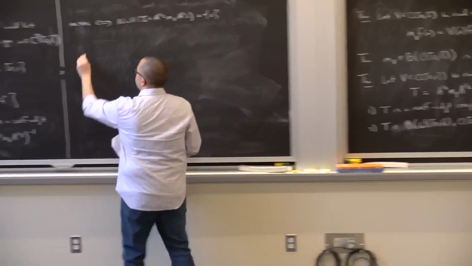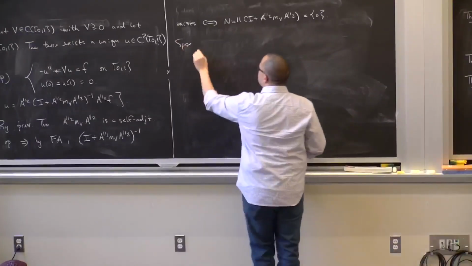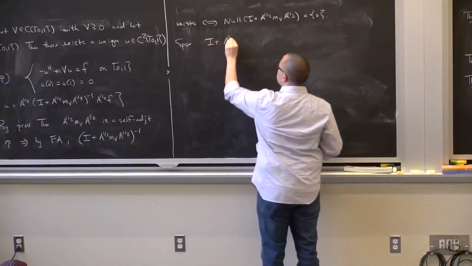Now suppose we have something in the null space, and we'll show that it has to be 0.